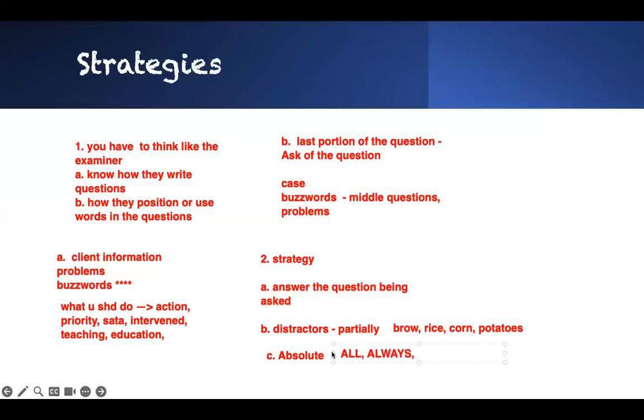There's nothing always. You must do this. No, it's so absolute. You should never do that. It's nothing like that. There's always room for improvement. So you can do that. That's too absolute an answer. Don't pick that answer choice.